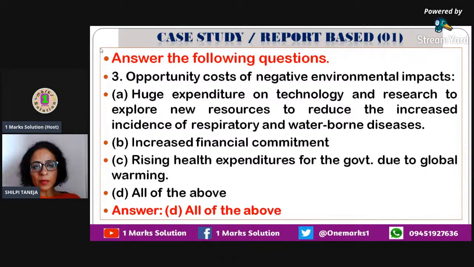Negative impact है ये हमारा of using the resources. Second is increased financial commitment. Financial commitments बढ़ गए हैं government के. Third is rising health expenditure for the government due to global warming. So all of the above are the negative environmental impacts. Right?